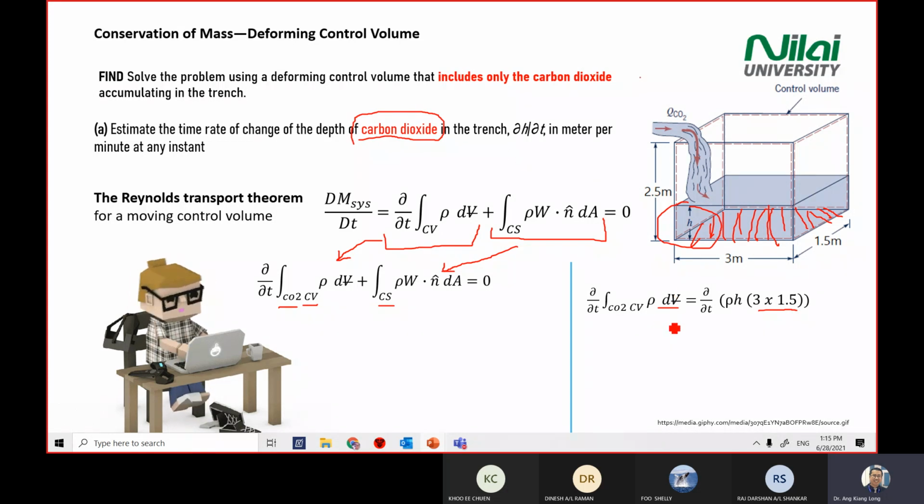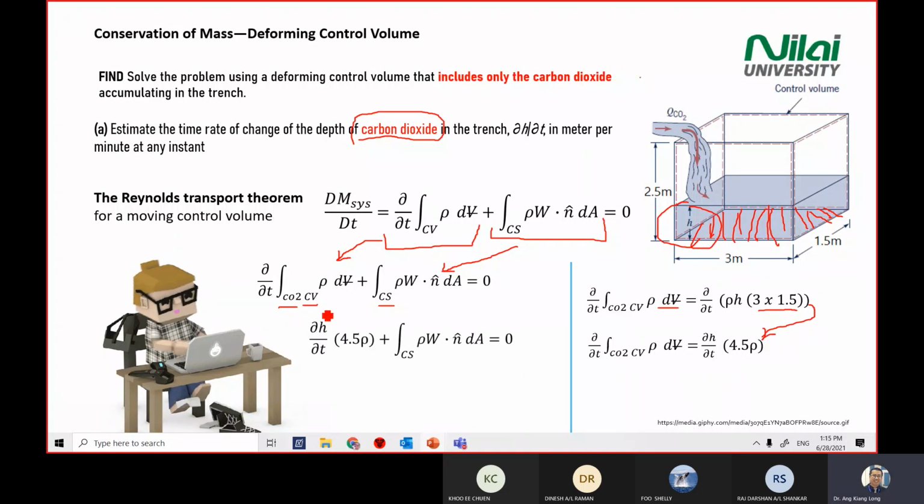So just take care. Once you have that, you arrive at del H over del T, 4.5 rho from the previous calculation. After that, you substitute back into the equation for the control volume. So this one will become this one that you calculate on the right hand side.